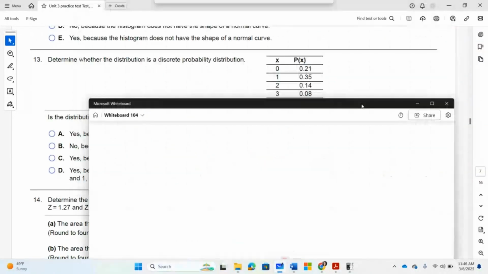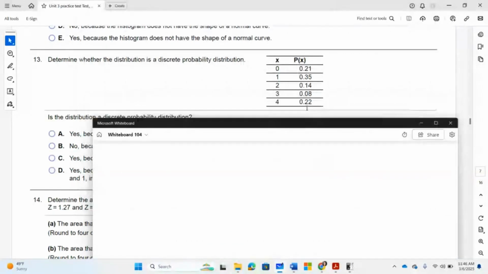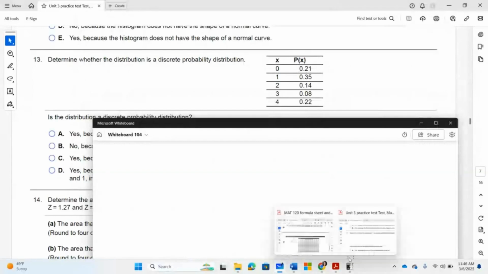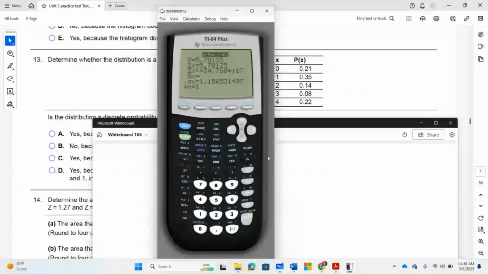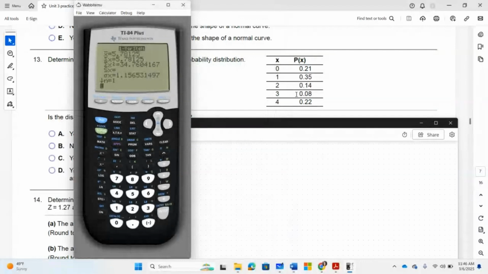Okay, so all I do is add all the probabilities. So I can actually put it in my calculator. If the sum of all the probabilities is equal to 1, I will continue to answer other questions. Otherwise, I will stop there. So I'm going to go to Stat, Edit, and I would like L3 and L4.